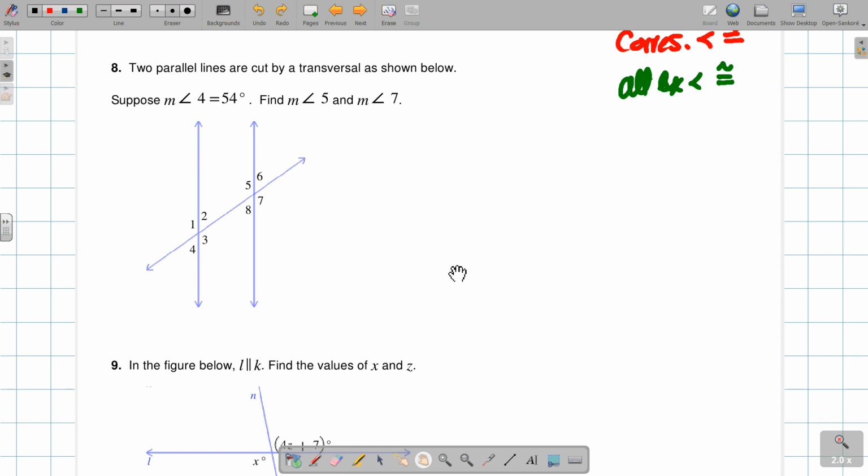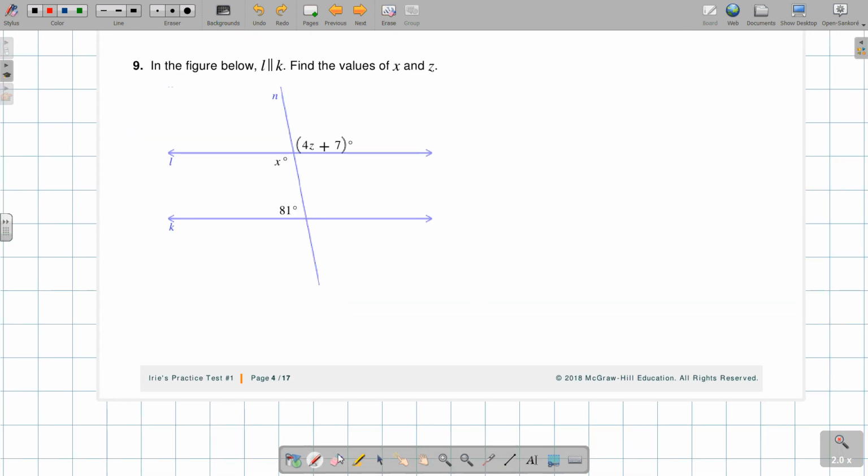Welcome back. Let's see how you did. We were told that angle 4 is 54 degrees. Which means angle 8 would have to be 54 degrees. That means angle 7 would have been 124 and 124.